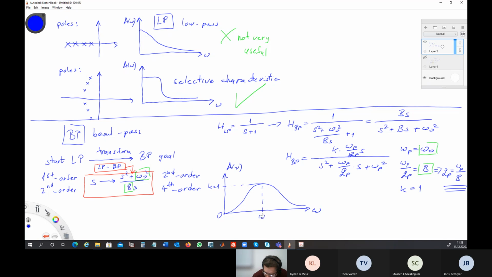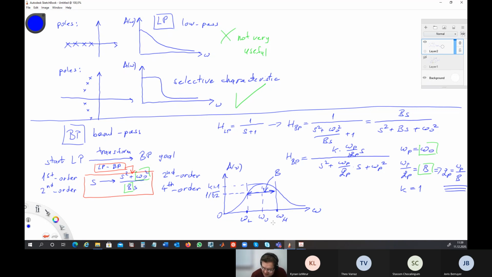This here is omega P or omega 0. They are the same. And then at the position of 1 over square root of 2, we have the bandwidth B. So this here is B. Here is omega lower, omega higher frequency.